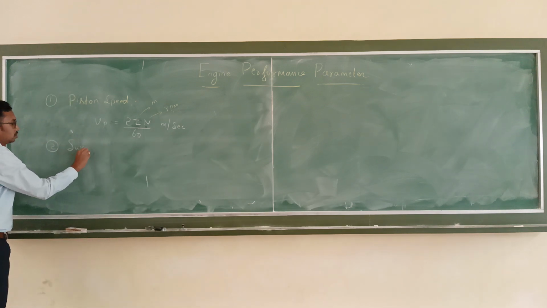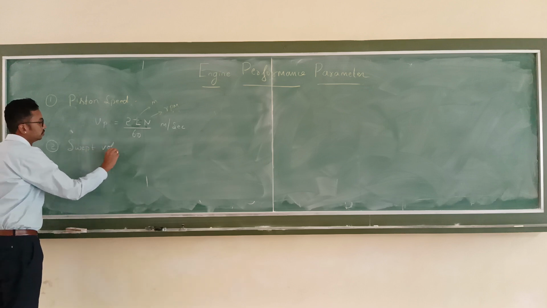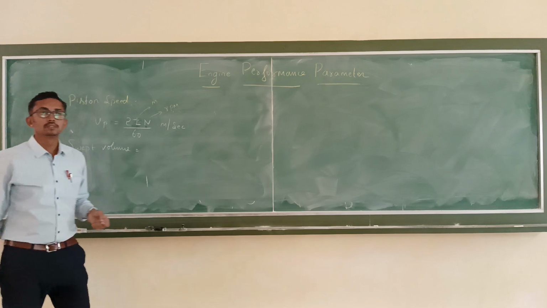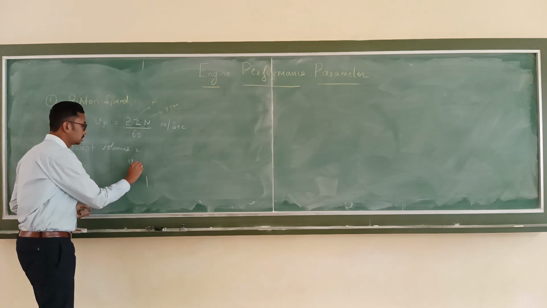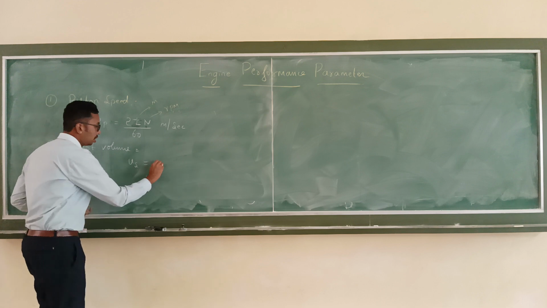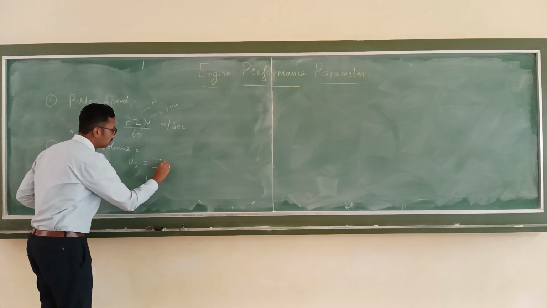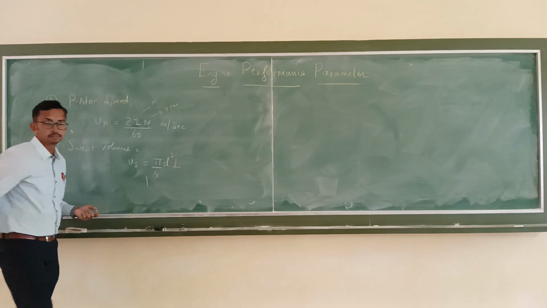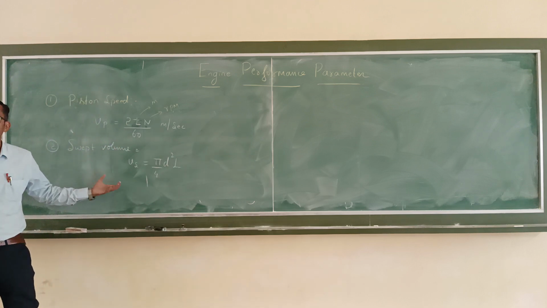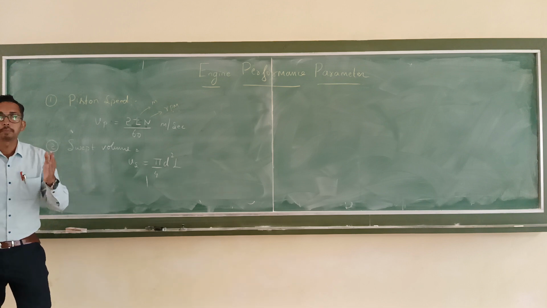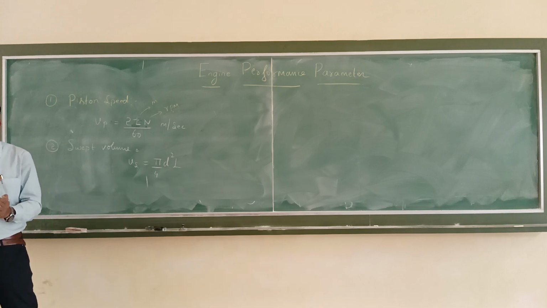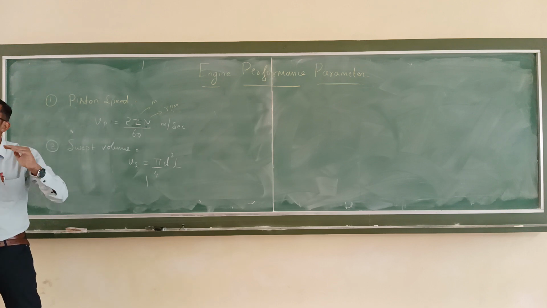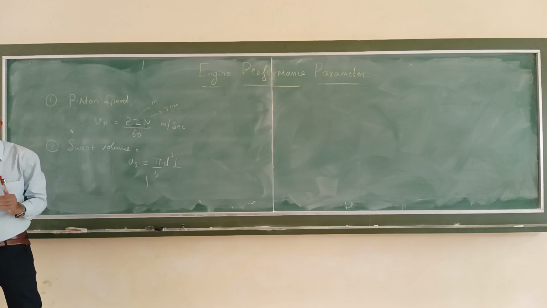Swept volume Vs is equal to pi by 4 D square into L. Okay, swept volume is the volume swept by the piston during the movement from top dead center to bottom dead center or bottom dead center to top dead center.